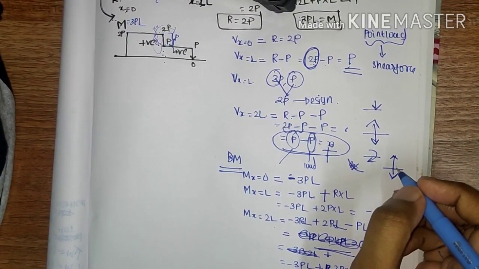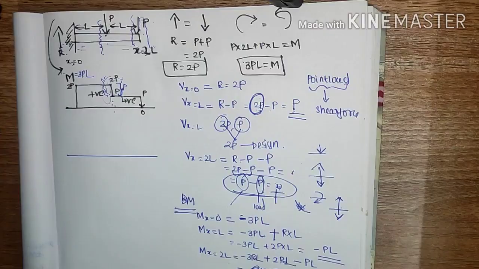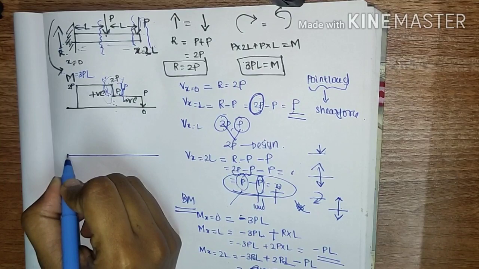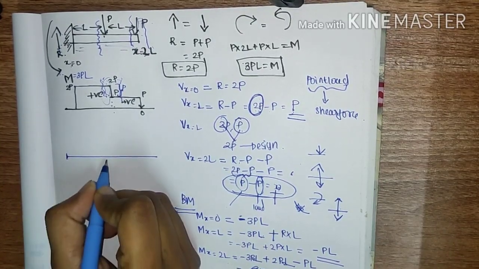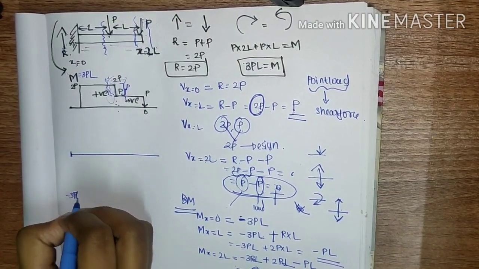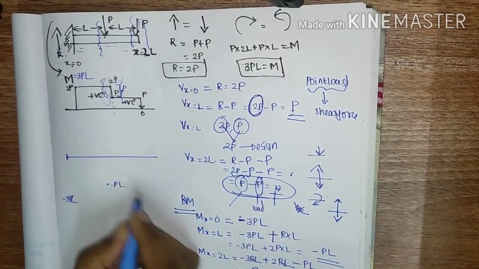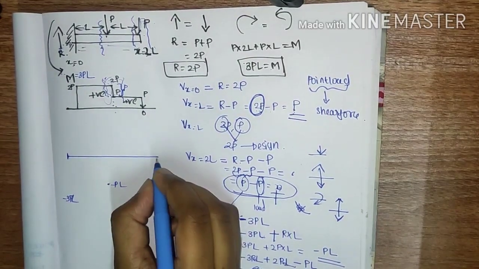Let's see how to draw the shear and bending moment diagram. At x equal to 0 the bending moment is minus 3PL, at x equal to L it is minus PL, and at x equal to 2L it is 0.